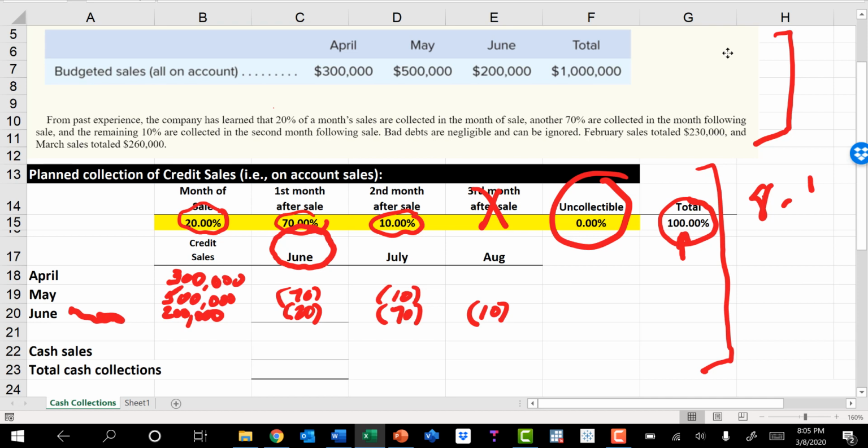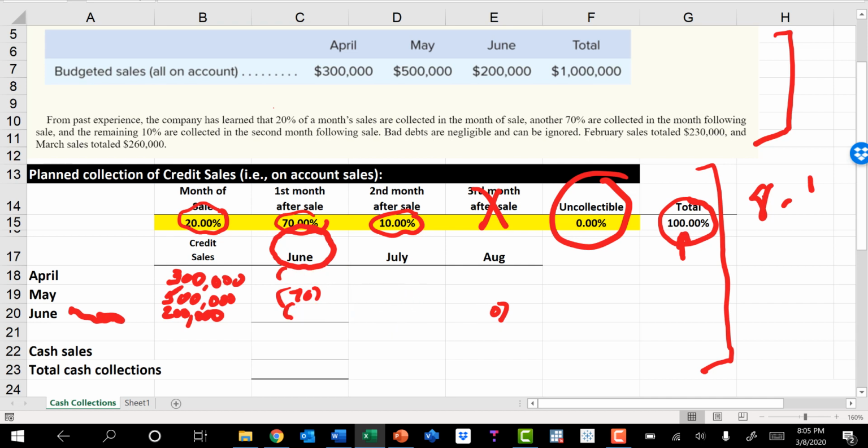And I would only get that 10% in June because why? June is the second month after April. So that's your rates of collection. So 20, 70, 10 this way, and then you can turn it up this way, 20, 70, 10, and then fill in the other blanks. Okay? Any questions? Come talk to me.